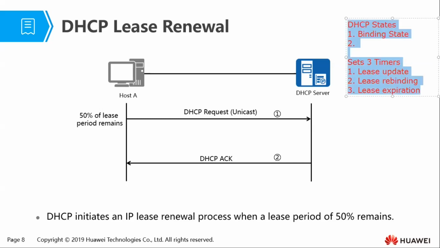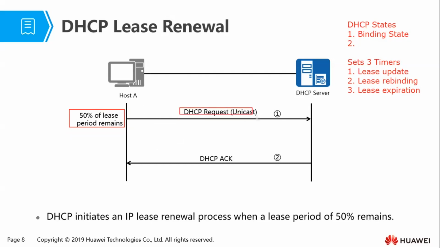So here we're going to look into the lease update timer. We've said this by default is 24 hours. When 50% of the lease time remains, so if you're using the default, then that is 12 hours, the client should begin the renewal process. So how do you do the renewal process?